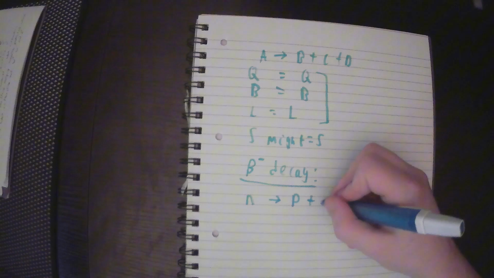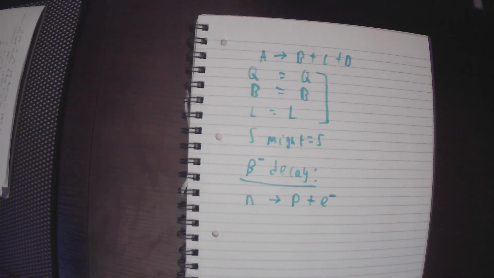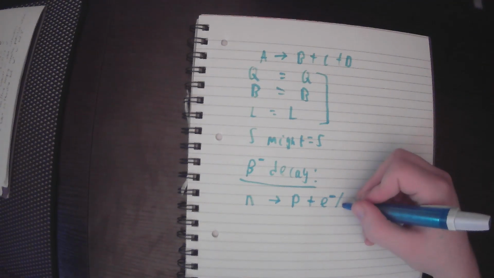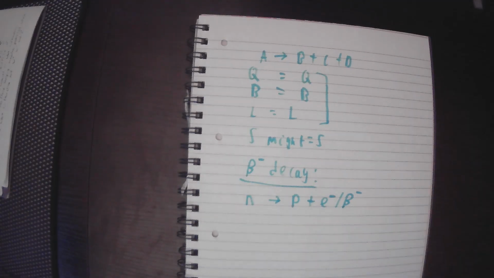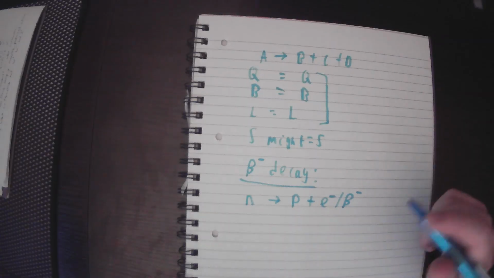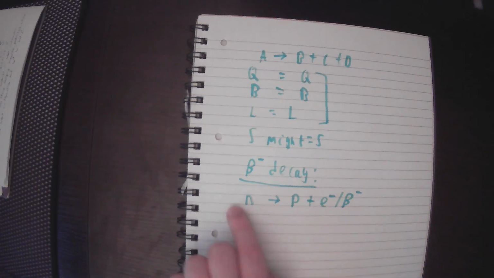It emits an electron, which is electron minus, or it is referred to sometimes as a beta minus particle. They are the same particle, and also something else. But this is what you saw at GCSE. So where has the something else come from?